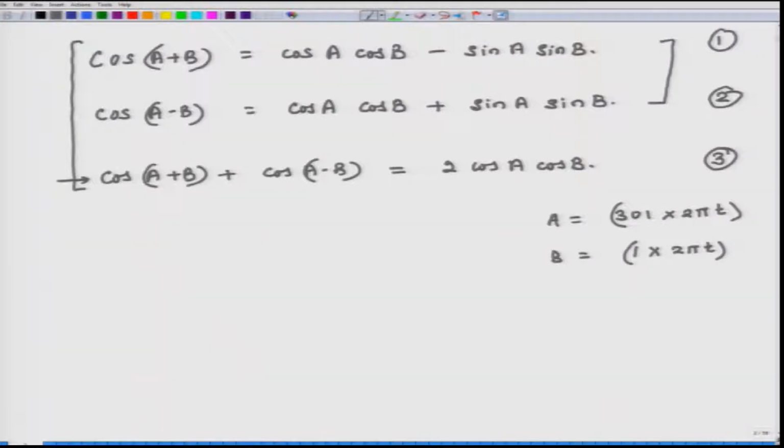Okay. So, what does that get us? What is cos(A+B)? From 3 we get cos(A+B) is 301 plus 1, 302, so cos of 302 times 2 pi t. And what is A minus B? Cosine of 300 times 2 pi t.